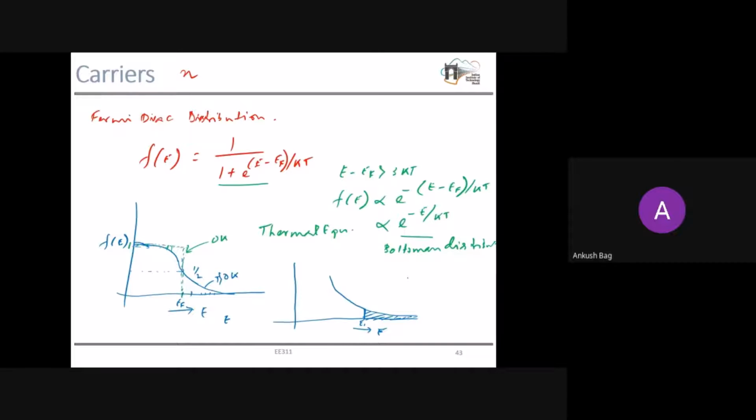So it will be the integration over E1 to positive infinity of this particular thing, e to the power minus (E minus EF) by kT, dE.